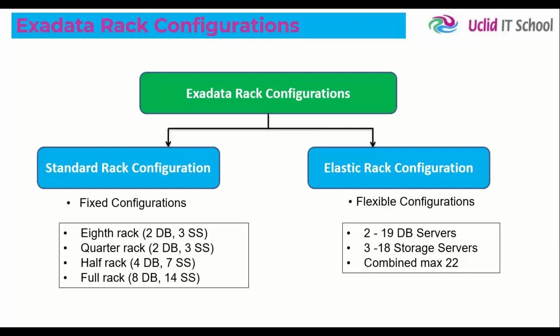Okay, so actually the story behind the scenes is Oracle did not have 8th rack. Oracle had always, even till today, only quarter rack, half rack, and full rack, right? So some small customers requested small configurations like 8th rack.